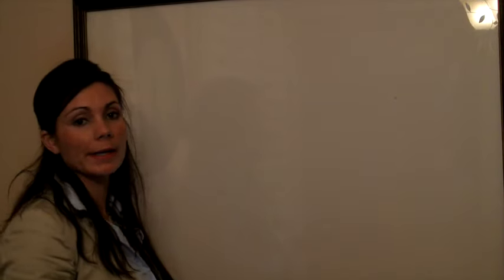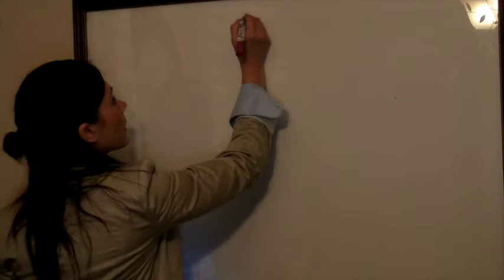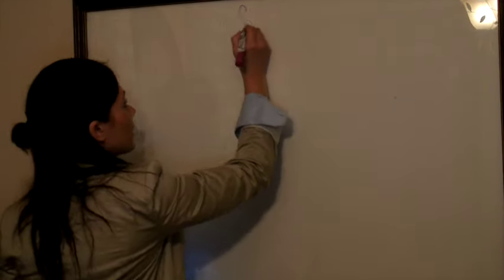Again, I'm going to rewrite our equation. We have the integral of our simply connected region, x squared minus y squared dx plus 2xy dy.